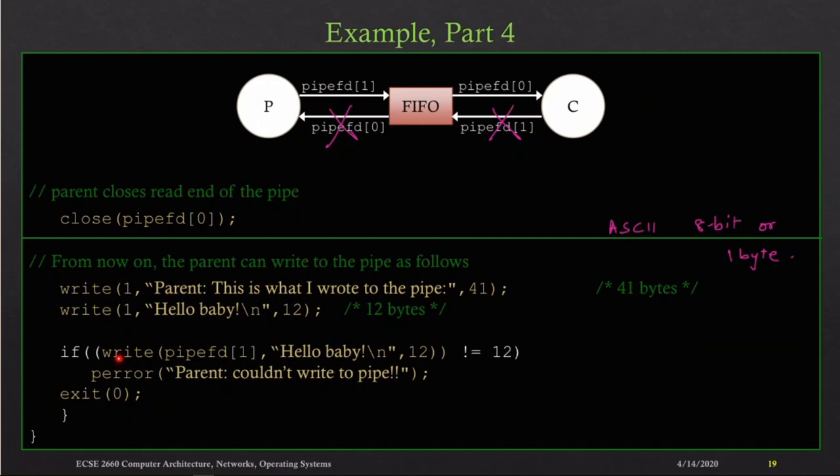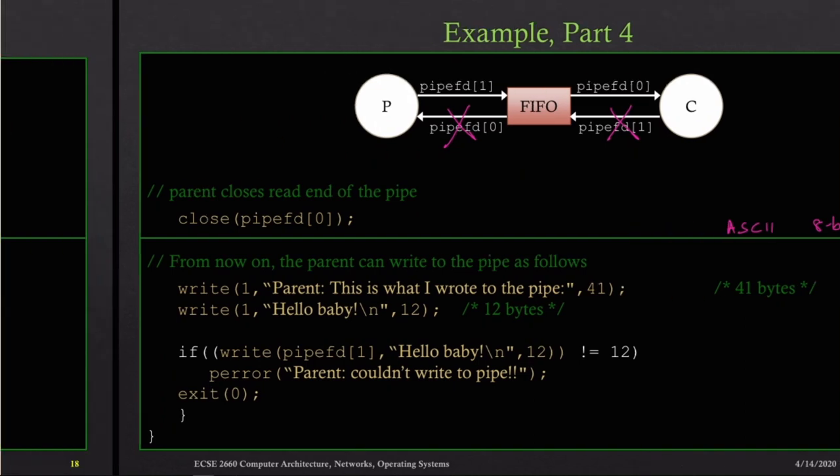Then we write to the write end of the pipe provided by the file descriptor 1 hello baby exclamation point and a new line character. Those are 12 characters, and if this does not equal 12 characters, then the parent says could not write to the pipe. Otherwise, that will be a successful write to the pipe buffer using the file descriptor 1.